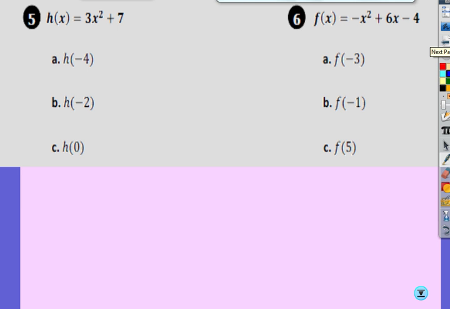For the next example, make sure you square your value for x before you multiply by 3. I will first square negative 4, which is negative 4 times negative 4, which gives me positive 16.